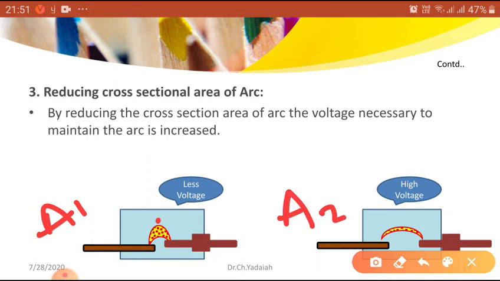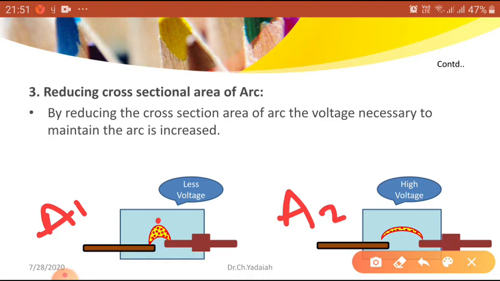By reducing the cross section of the arc, the voltage necessary to maintain the arc is increased. The voltage present between the two electrodes is limited. If the area of the cross section of the arc is less, we require a greater amount of voltage to maintain the arc.